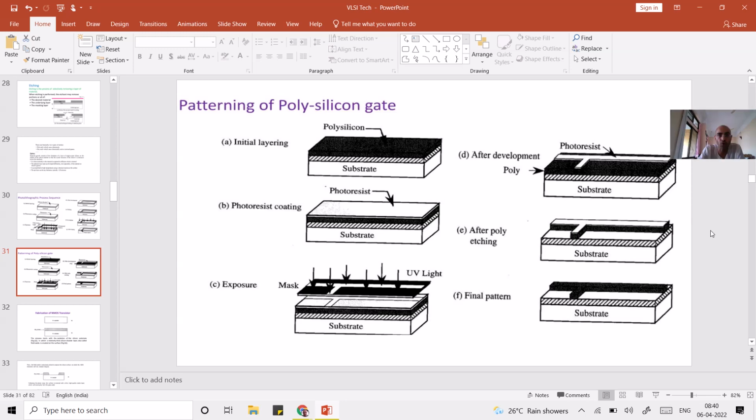After the gate region is formed, you again have to form the passivation layer, the oxide layer. That oxide is actually grown at a high temperature.